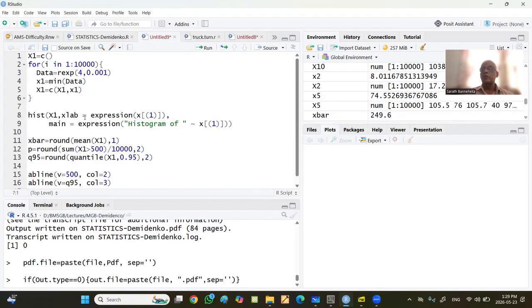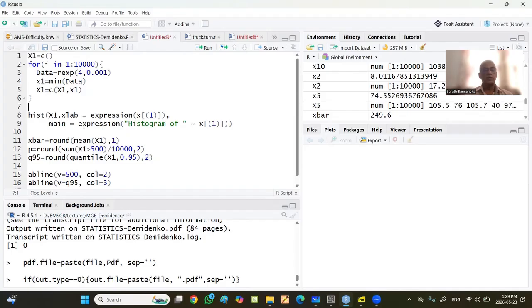I will put the label of the x-axis. I want to put x within bracket 1 as a subscript. So this is the way: expression x within square bracket, and then whatever you want in the subscript. I want in the subscript within bracket 1. Right. And then I will also put the main title. Main is the argument for that.